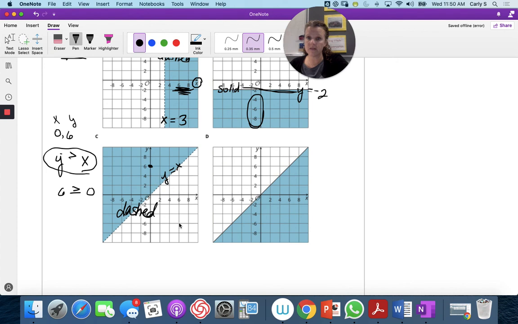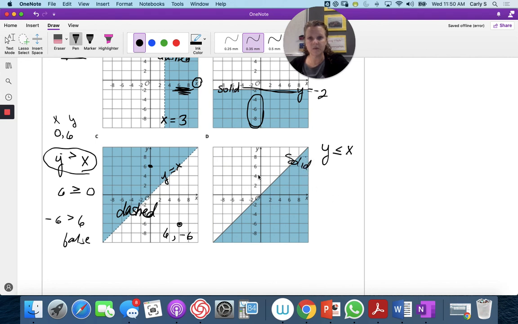Okay, I can also test a point down here, like 6, -6, and make sure y is -6, greater than 6, that is false. So we don't want that shaded in the area. So this one's going to be the opposite, but it needs an equal sign because it's solid.